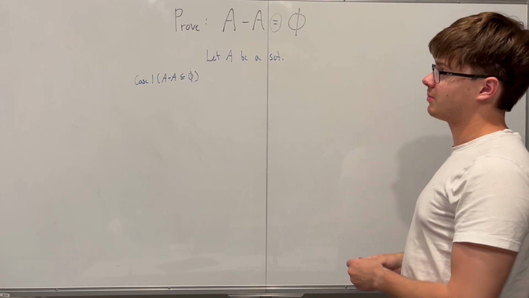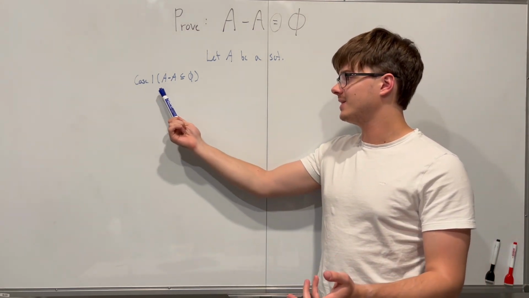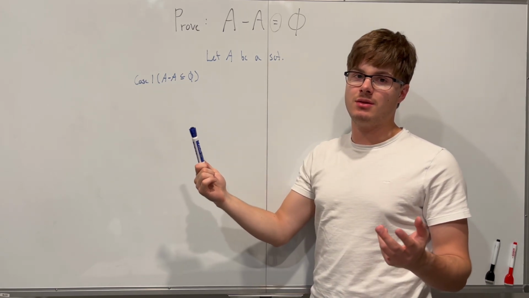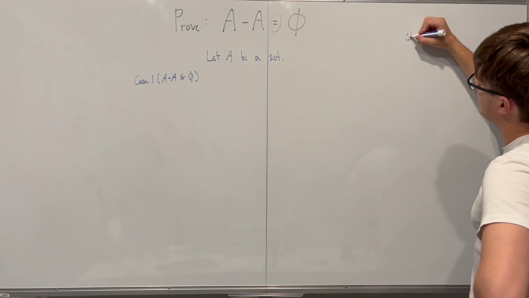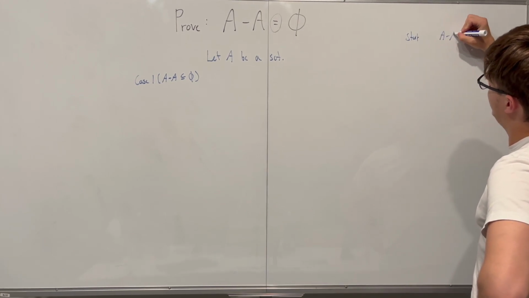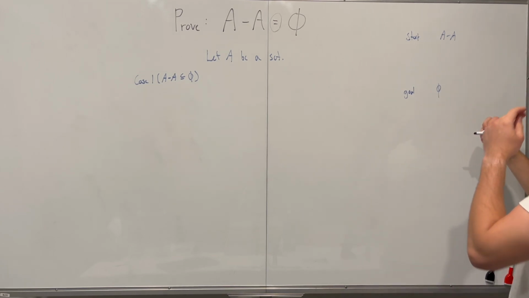Okay, so the first thing we want to prove is that A minus A is a subset of the empty set, or basically this only can contain nothing, is what we're saying, right? So how do we start? Well, we want to start by, of course, saying A minus A, and we want to get to the empty set somehow. So what can we say?